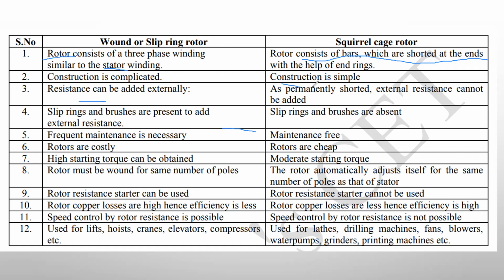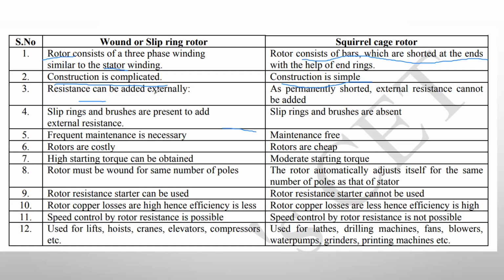Here the construction is simple, robust construction in the squirrel cage. This other construction is complicated because it has brushes, slip rings, and commutator parts, and whenever there is a slight spark or something, that may rupture the brushes and other things. So this is complicated and maintenance will be high.